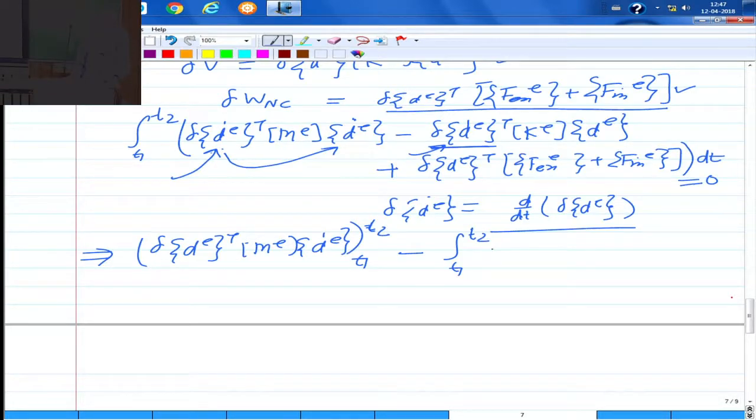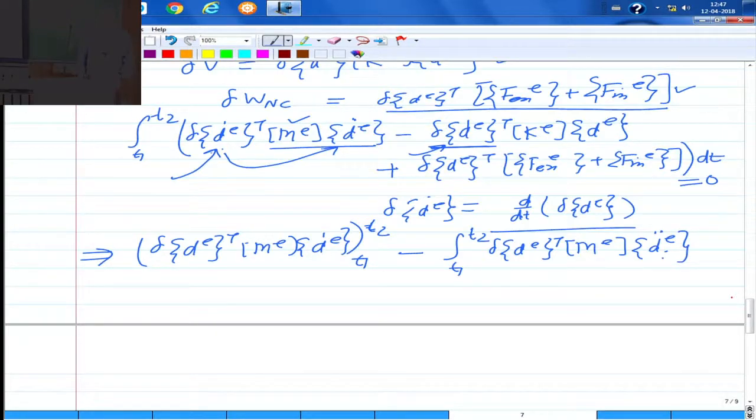Now in the integration of the first term, the dot would go from delta of dE dot, so this simply becomes delta of dE transpose, and then the derivative of the rest of the terms, that is the derivative of this product. Since ME is independent of time, the derivative would be only of dE dot, so this becomes ME into dE double dot, because already one time derivative is present there.